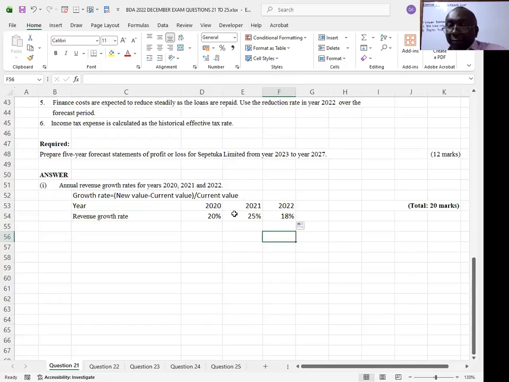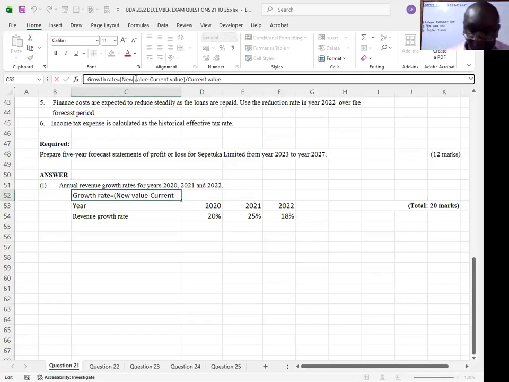Or maybe if that is a bit confusing, I could change the language this way. I say it is the current value, you divide by the previous value.